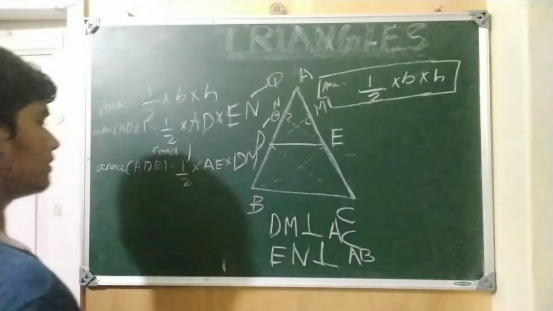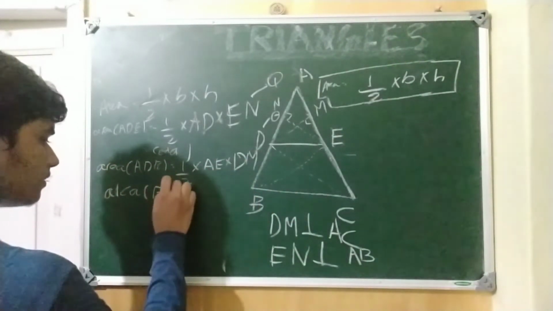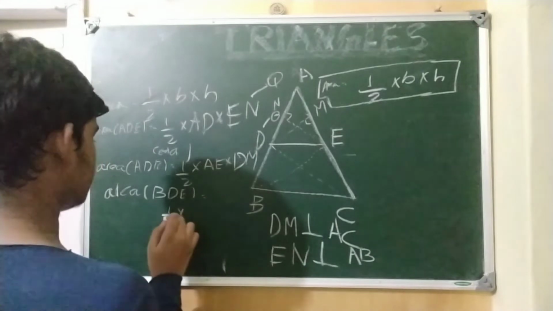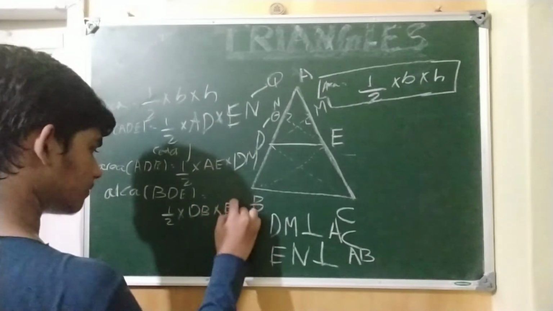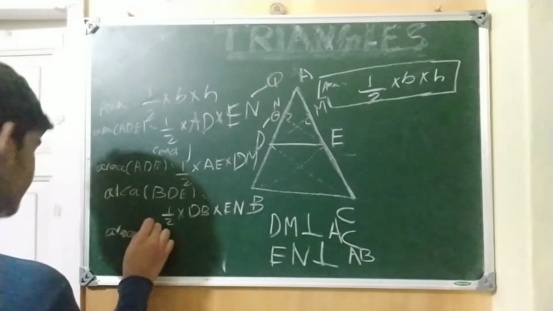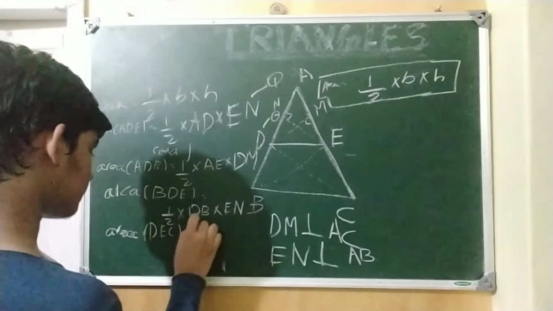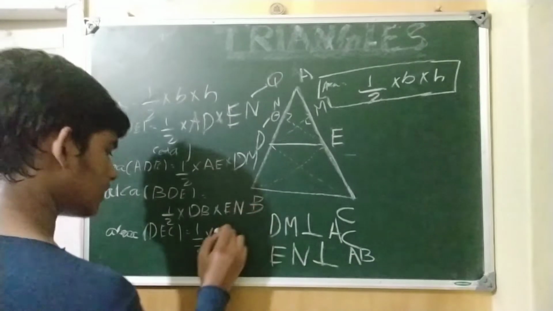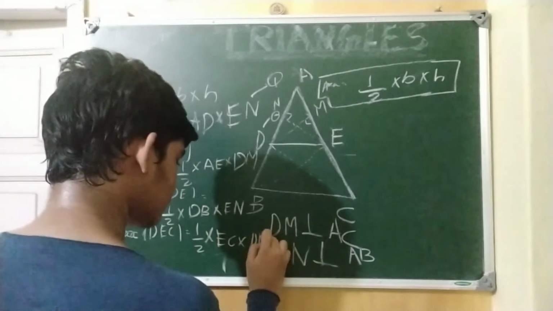Now that we got the two equations, let's write area of BDE is equal to half into the base DB into EN, and the area for DEC is equal to half into EC into DM.